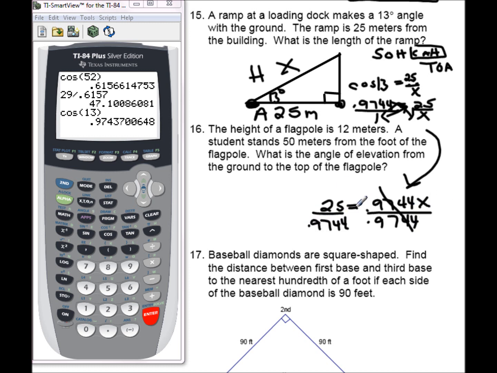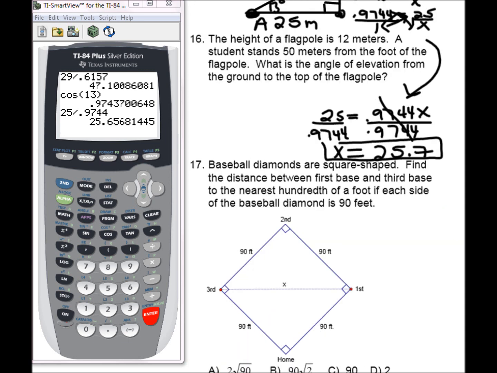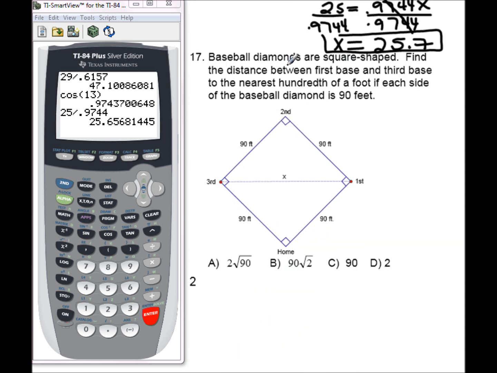So my x will equal 25 divided by 0.9744, which is, to the nearest tenth, 25.7.